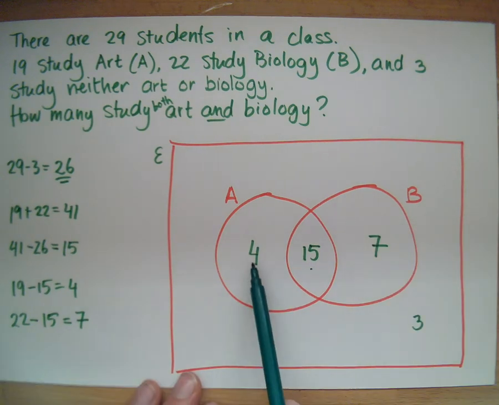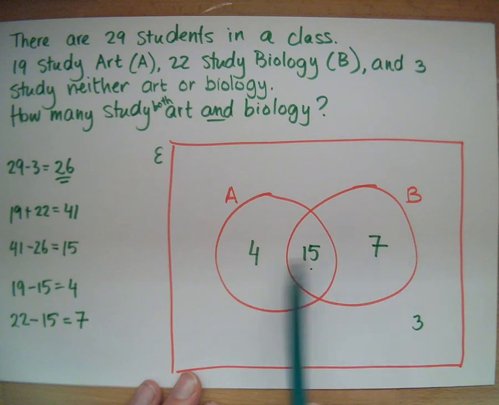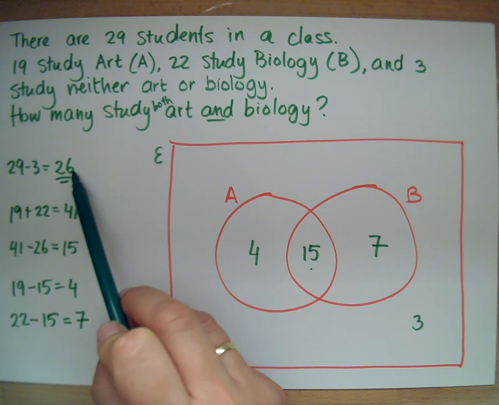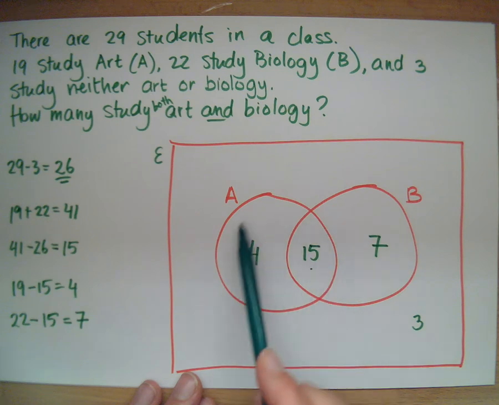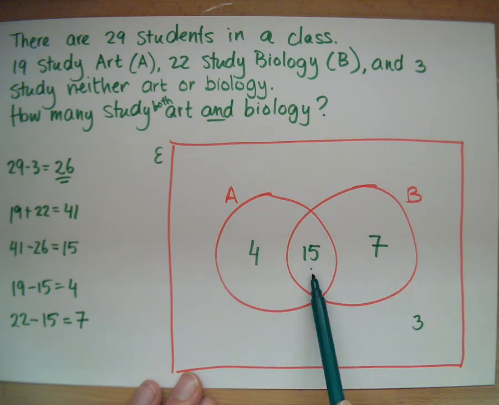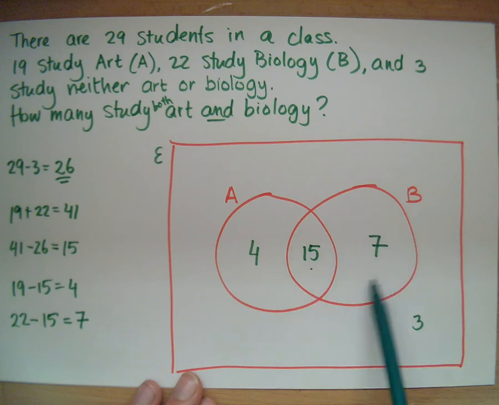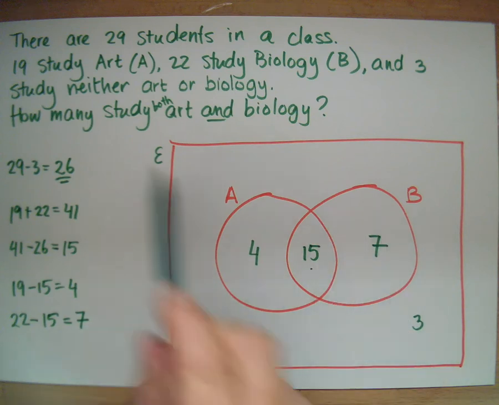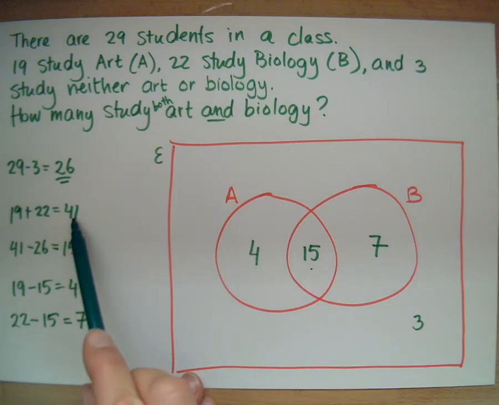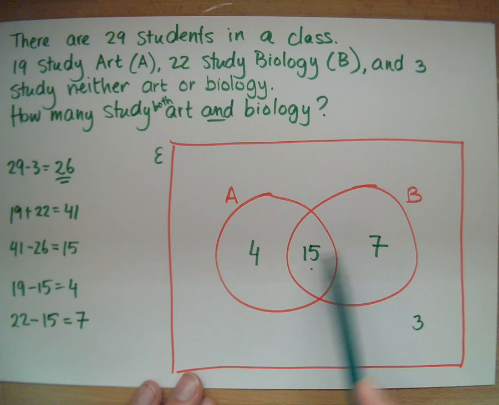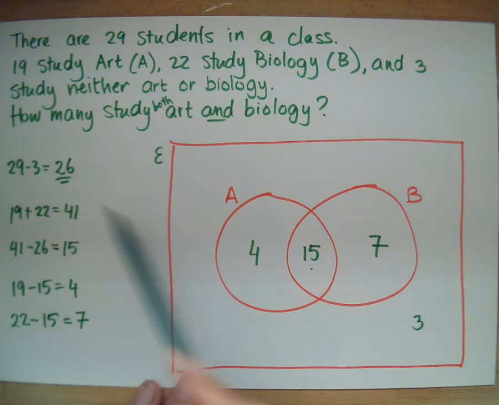Now let's see, if we add up these 3, 4, 15, and 7, they add up to the 26 students that we needed to place. If we add up 19 art students plus 22 biology students, that's this 41. 41 classes that these 26 students are taking altogether.